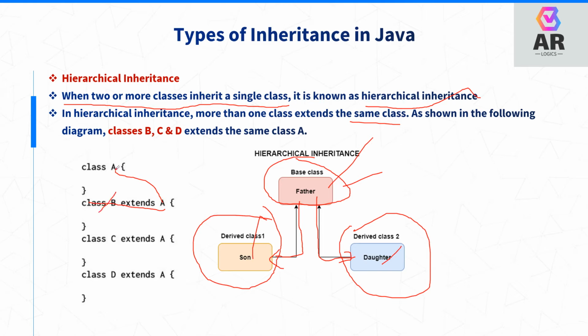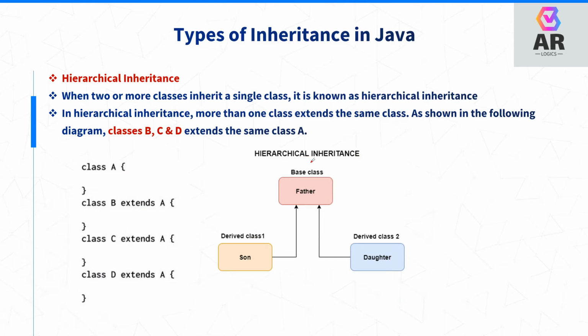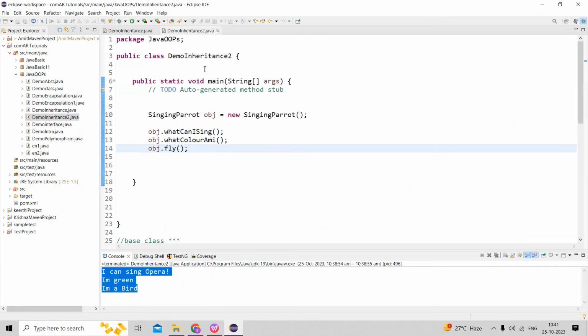Same father property giving to the daughter also. If you want to extend one more, you can give to one more daughter. Like that, we can give to him. Yes, that is the way. Hierarchical inheritance. Now we can go to the practical demo.